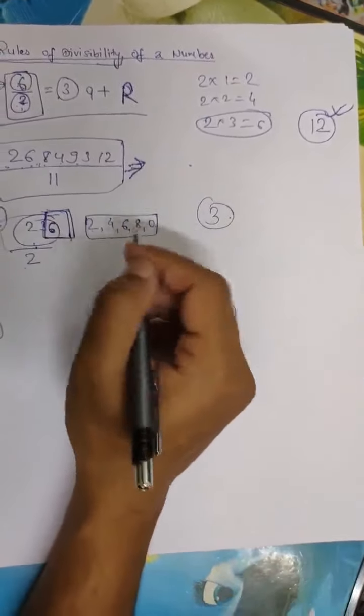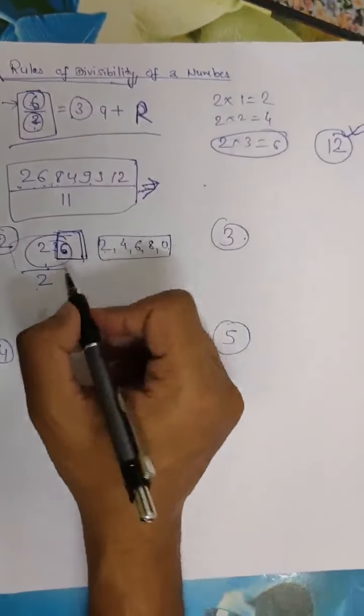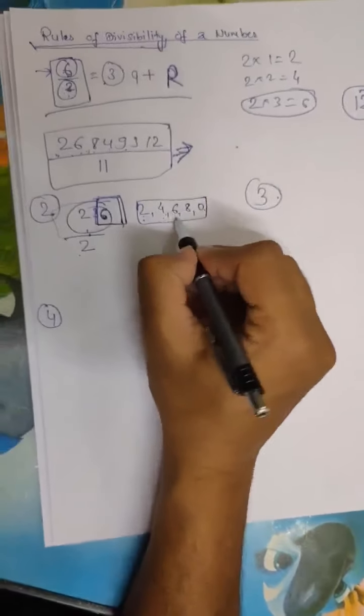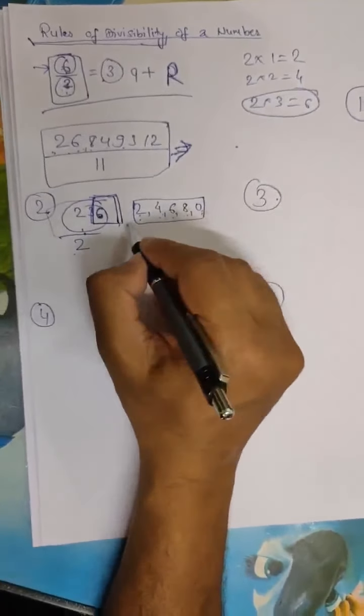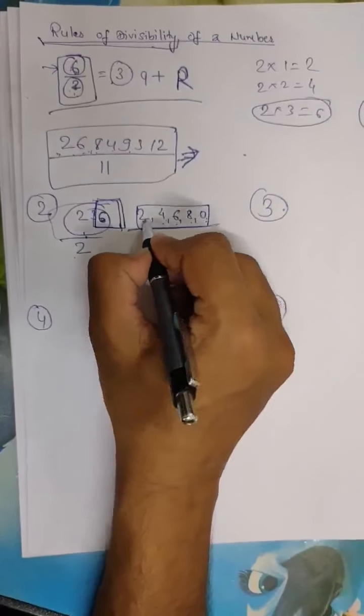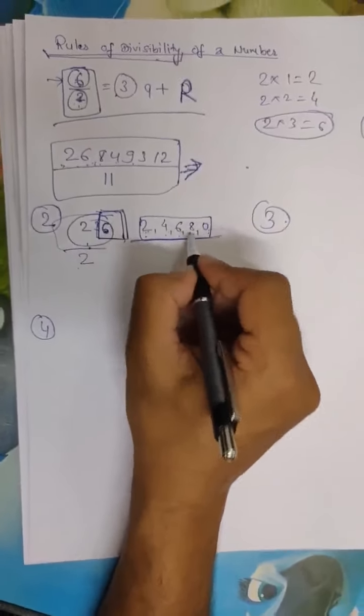That is the rule for divisibility by 2: if the last digit is an even number. 2, 4, 6, 8, 0 are called even numbers.